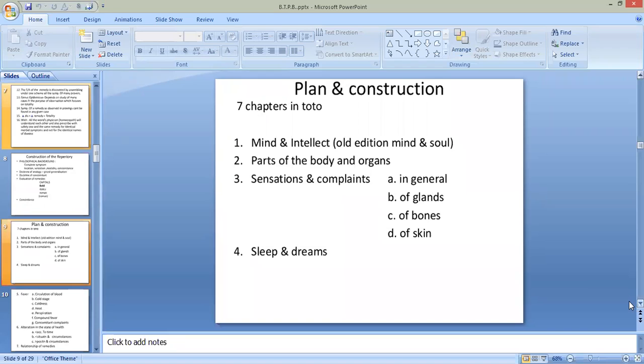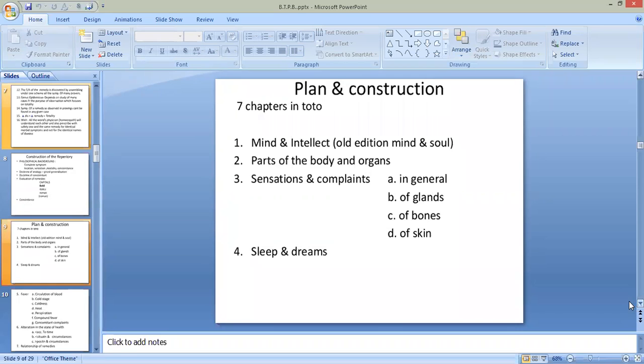This is also a confusing fact many times for students, especially as it was asked in 2 mark questions as well as in oral examinations. It was frequently asked how many medicines are present in the original work of Dr. Boenninghausen, how many medicines are present in Allen's edition, how many medicines were added by Dr. Allen in the original work of BTPB, and how many medicines were subtracted from the original work.